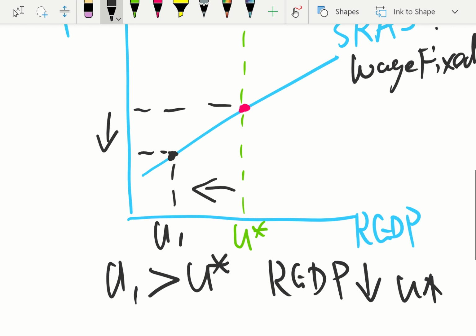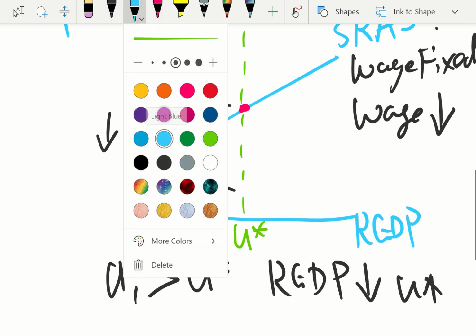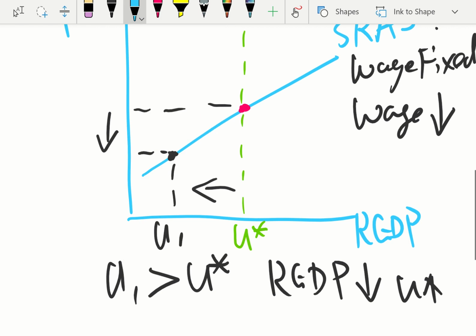Now, what would that do to the economy? Then the workers will compete. When workers compete, wage will go down. And when wage goes down, the company will hire more workers. So in that situation, when wage goes down and the company hires more workers, you're moving back to this point right here on the potential output.